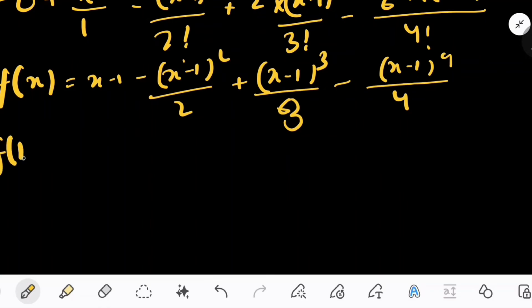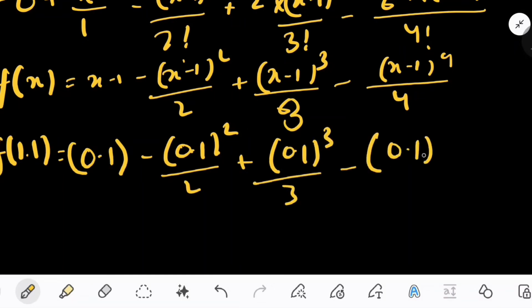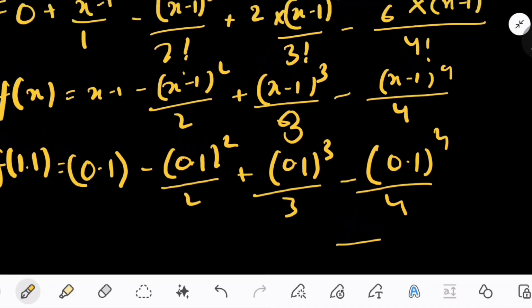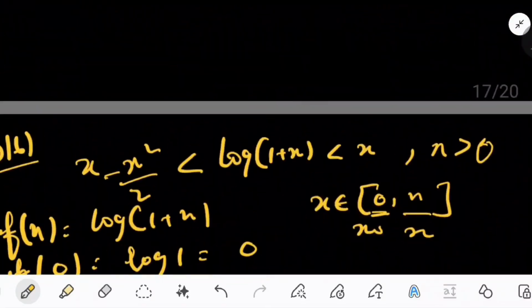Now put 1.1, you get 0.1 minus 0.1 whole square by 2 plus 0.1 whole cube by 3 minus 0.1 whole to the power 4 upon 4, and you can solve it, right? So this is how you solve when you are asked to find about a particular value, right?